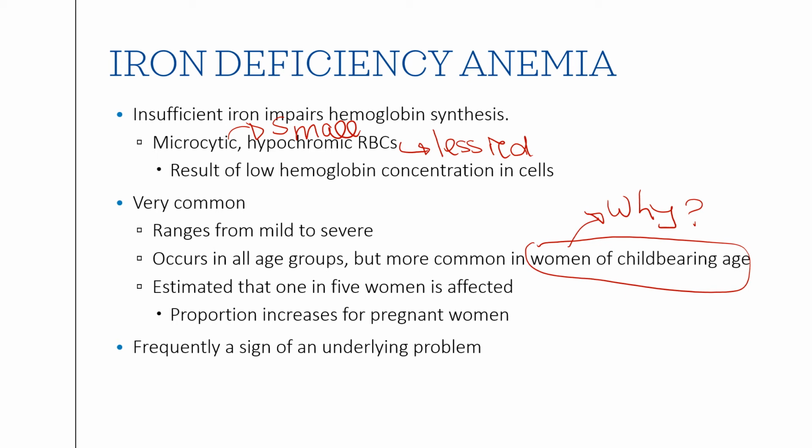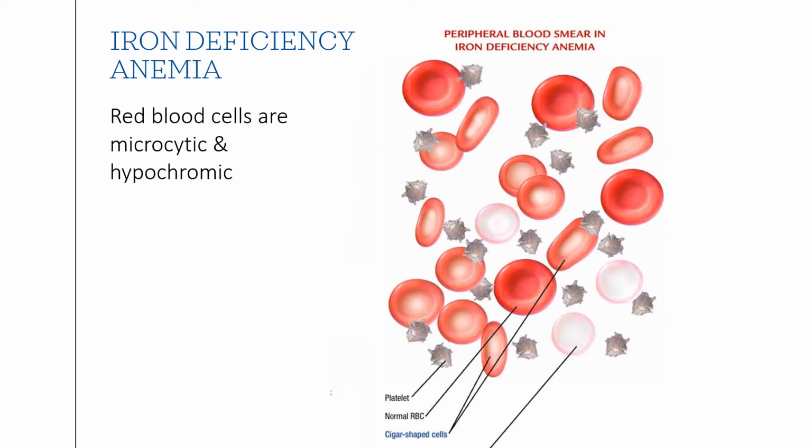Just on the next slide, I put this up so that you can have a visual of what red blood cells look like in patients with iron deficiency anemia. It gives you a bit of what a normal red blood cell looks like, so all these nice red ones.